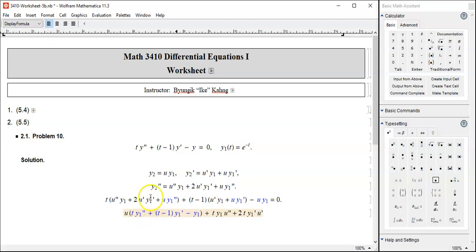Did I get that? t times 2 times t and then y1 prime. I got that. And then this one, plus t minus 1 y1 and then times u prime. And then are we all done? This doesn't contribute anything, so equal to 0 is what we're gonna get. And all these have what?